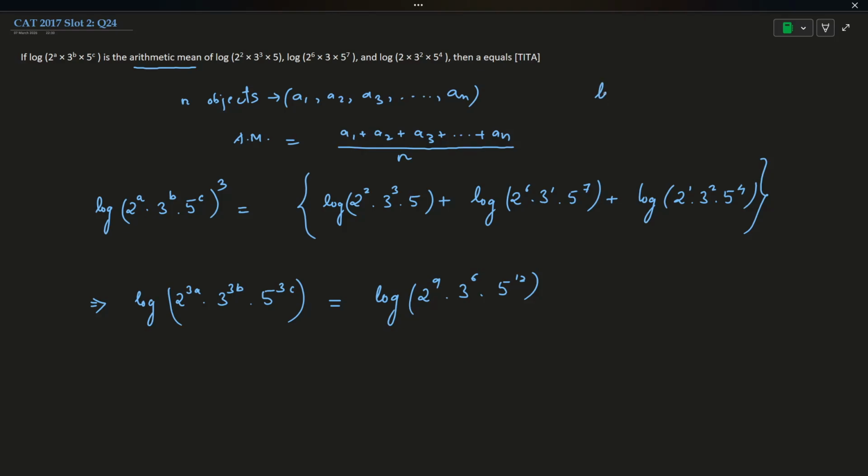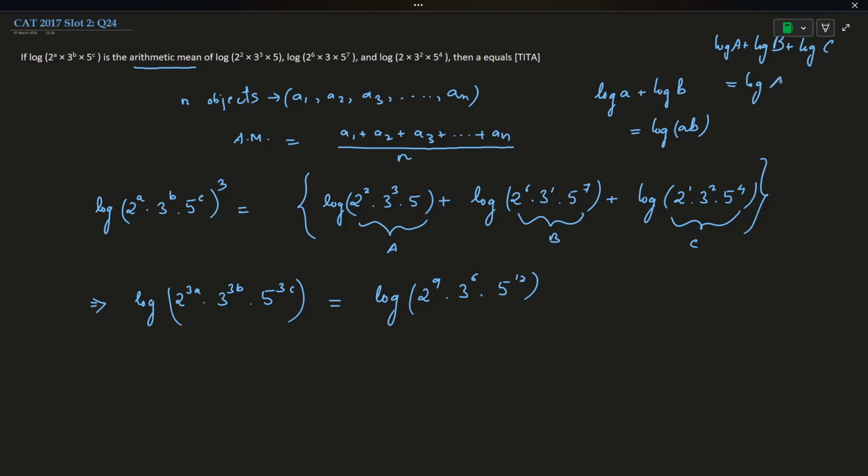Simple property of log, guys. Log a plus log b will give you log a into b. Consider this entire thing as a, this entire thing as b, this entire thing as c. So what will I get? Log a plus log b plus log c will give me log a into b into c.